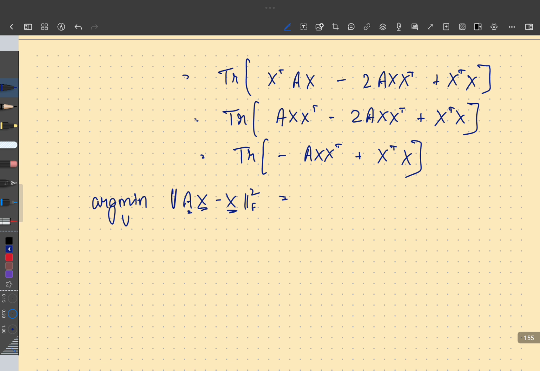So minimizing the left hand side, the squared Frobenius norm, is the same as minimizing the trace of X transpose X minus AXX transpose.